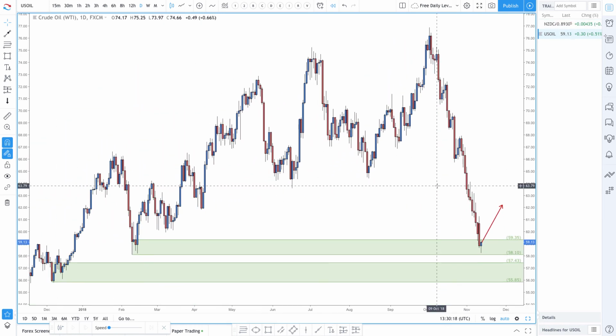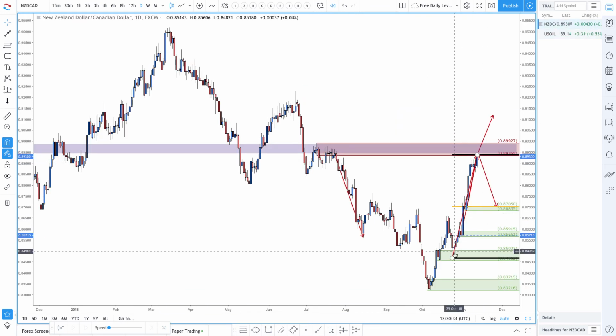The Canadian dollar's major export is oil. So the price of oil does affect the price of the Canadian dollar. Hence, you're seeing a big sell-off in crude, and you're seeing that basically happen on the Canadian dollar.